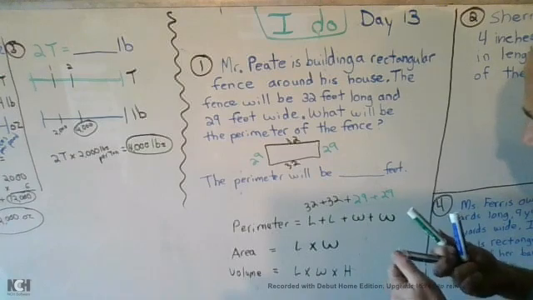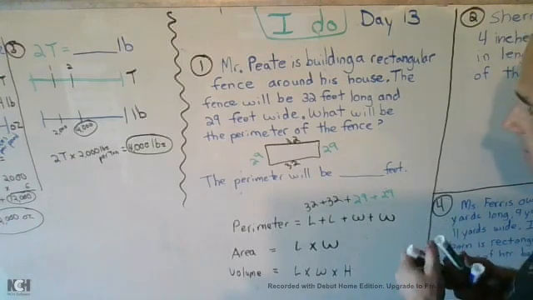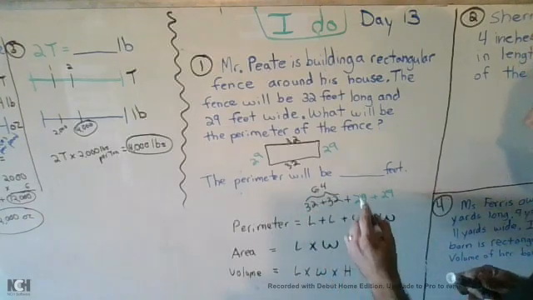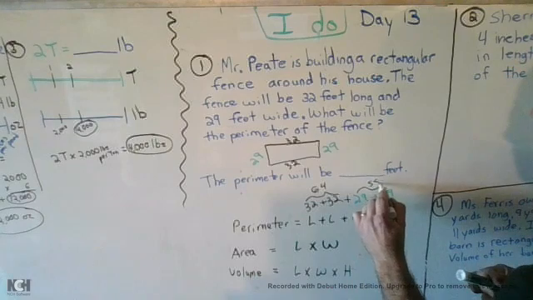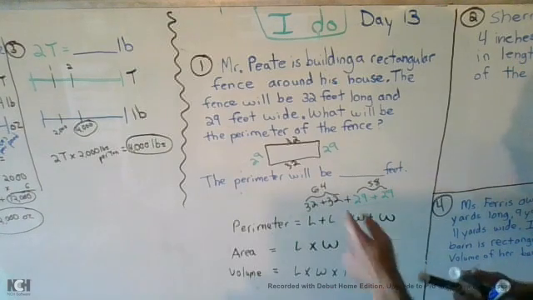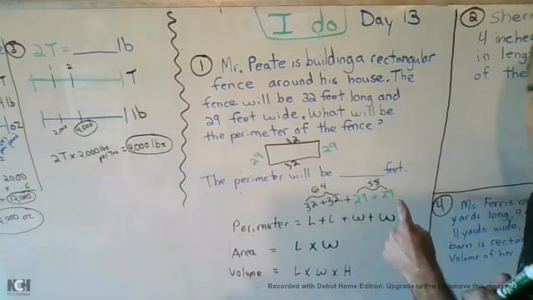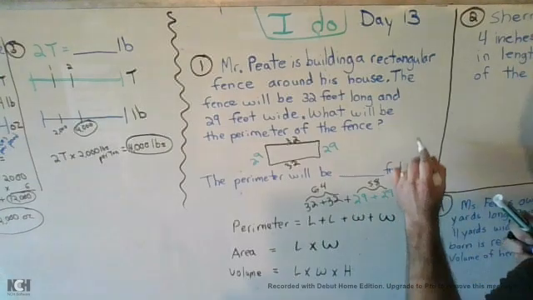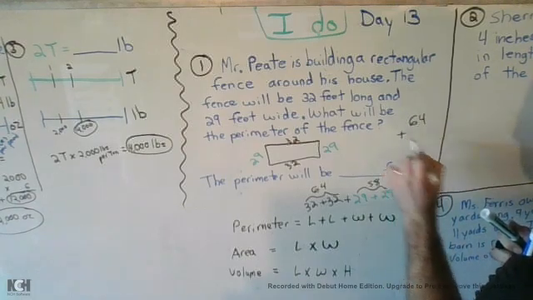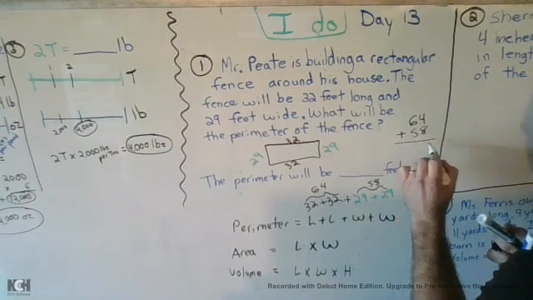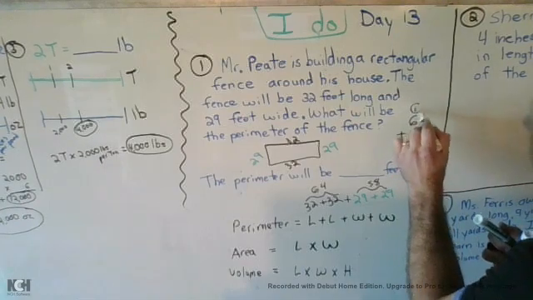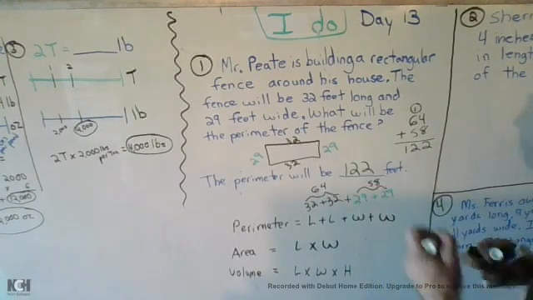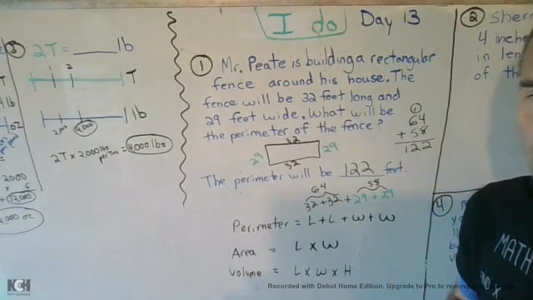So when I add these up, I'm going to end up getting 64 here, 58 here, and when I add 64 plus 58, I receive, well, I'm just going to show you here, 64 plus 58, 4 plus 8 equals 12, carry the 1, 1 plus 6 plus 5 equals 12, 122 feet. Perimeter will be 122 feet.